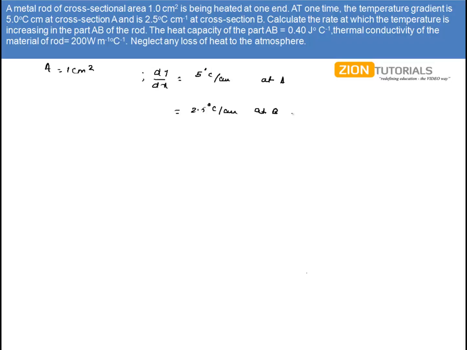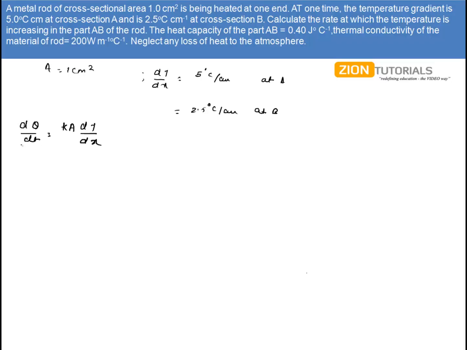The heat capacity of the part AB is 0.4 and the thermal conductivity of the rod is given as 200 watt per meter. So we know that dQ by dt is given by KA dT by dx.